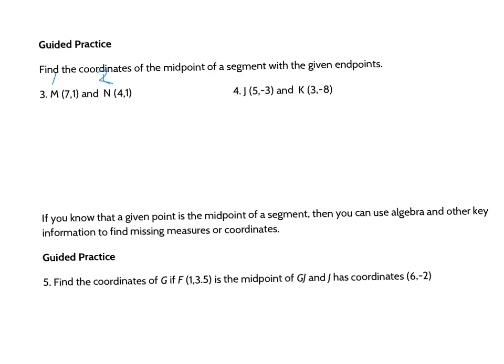So our midpoint will be at 7 plus 4 over 2, comma, 1 plus 1 over 2. So 7 plus 4, that's 11. 11 over 2, comma, 1 plus 1, that's 2. 2 over 2, 1.